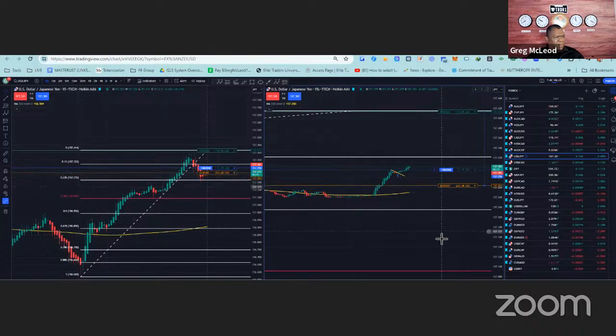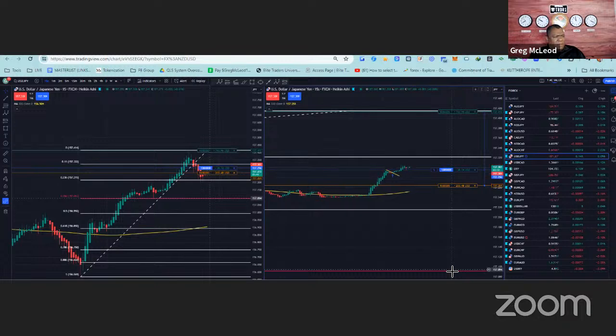So we're just risking like 2 pips to make 7. That's a 3-to-1 right there, if it hits it. Here we go, 157.30.